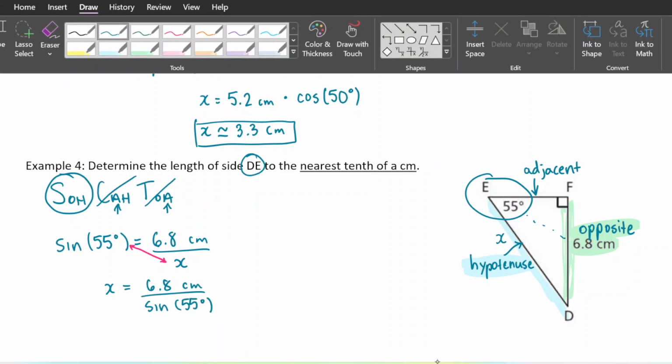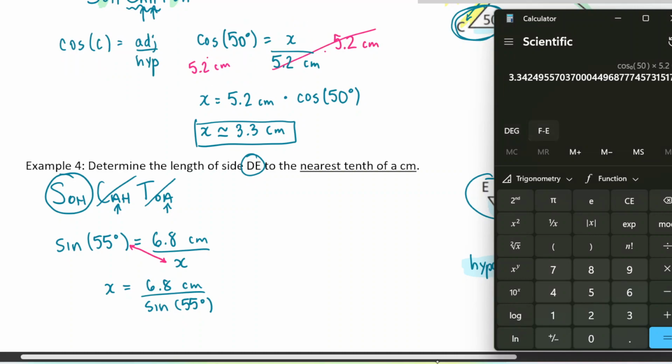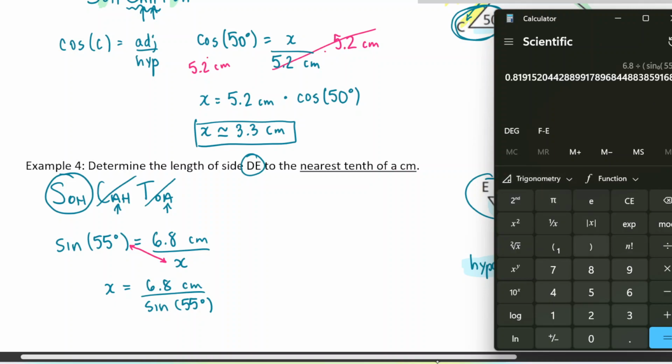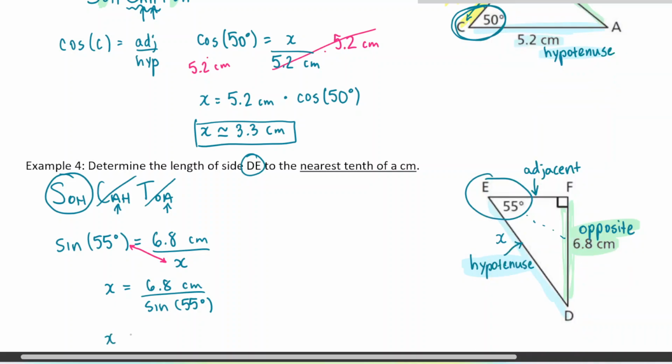And in my calculator, I believe I type 6.8 divided by 55 and then sine of that angle, equals 8.3. So x is approximately 8.3 centimeters.